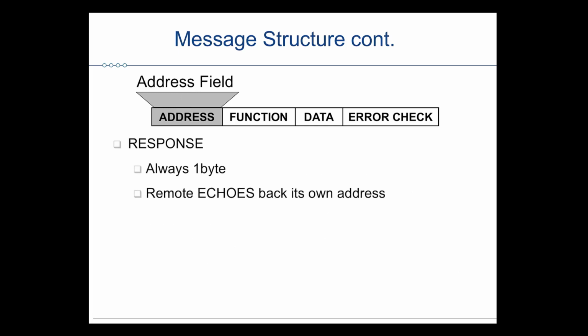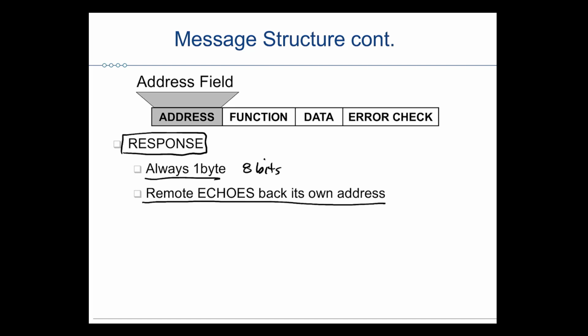Okay, so when it comes to the response for the address field, now you've got to be aware we're looking at the response. It's still always 1 byte. That'll never change, so that's 8 bits. But further to that, when it comes to a normal response, all the remote does is echo back its own address in that field.